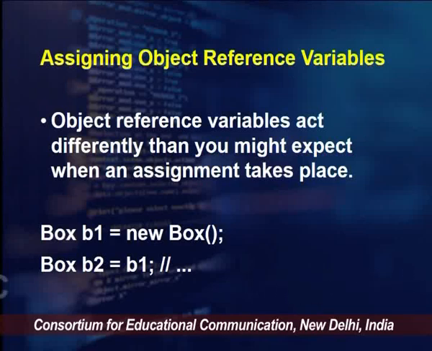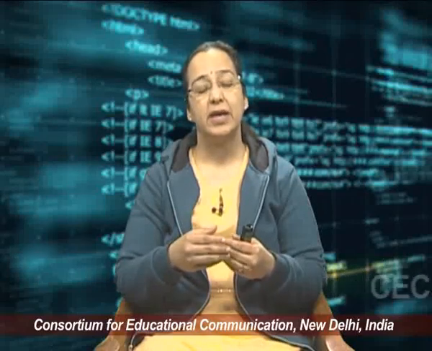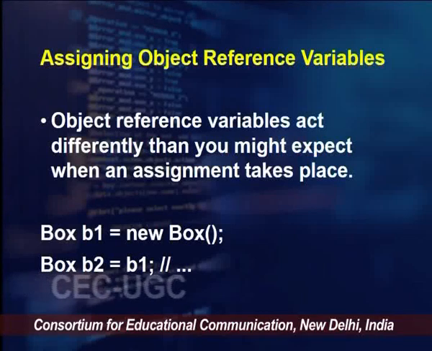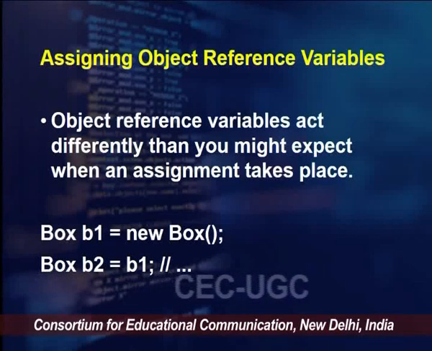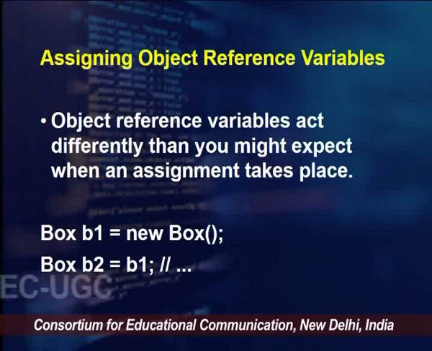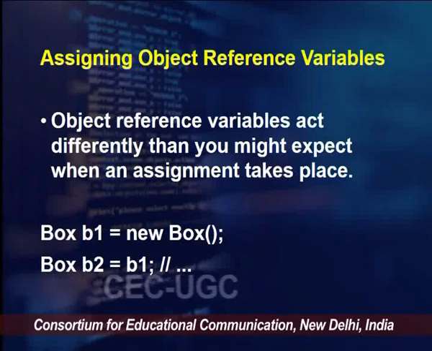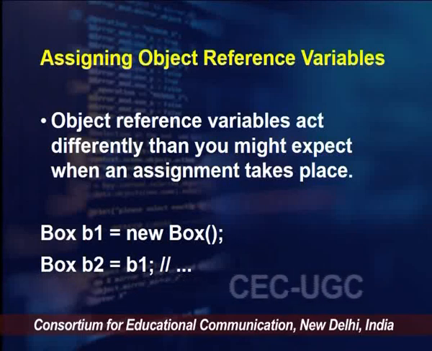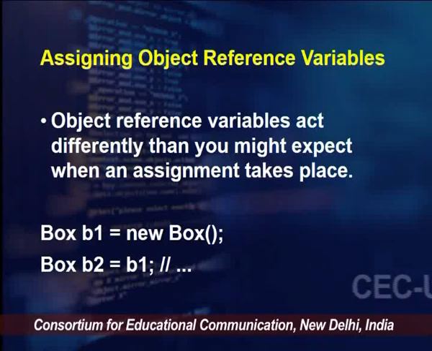So let's say I am having a reference variable, or an object, in the programming language. We are going to create an object named B1 by virtue of the statement Box B1 = new Box. Technically B1 is a reference to the object, but while addressing we can say that B1 is the object.